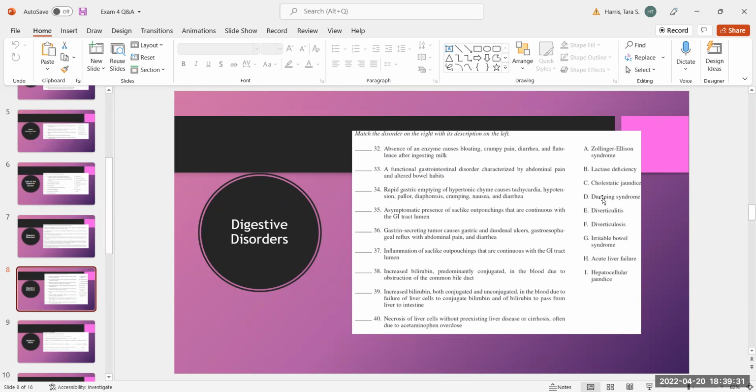Now, what kind of patient would you commonly see that would have dumping syndrome? After surgery on their stomach. Okay, so most of the time we see dumping syndrome in patients that have had a bariatric surgery. Can you tell me what happens during dumping syndrome?